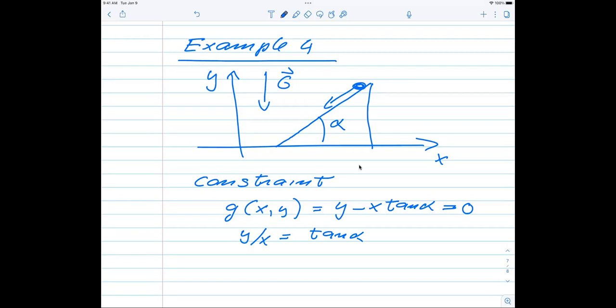So if we now require that it stays on this plane, then this is a constraint we are putting on y and x.